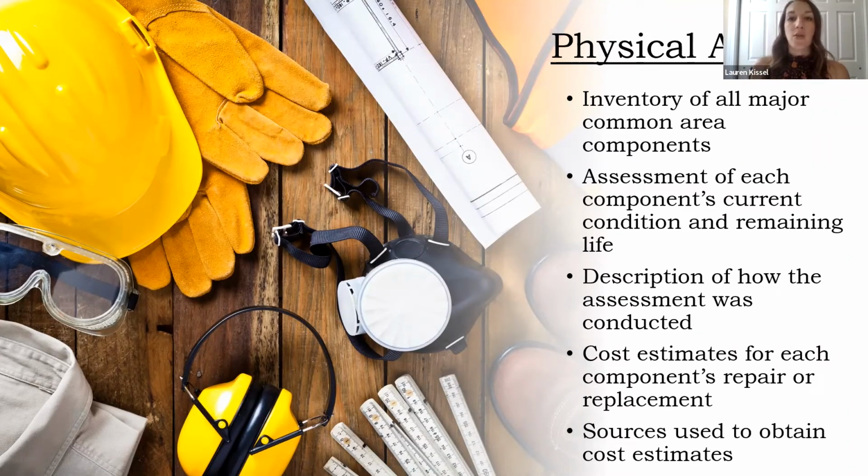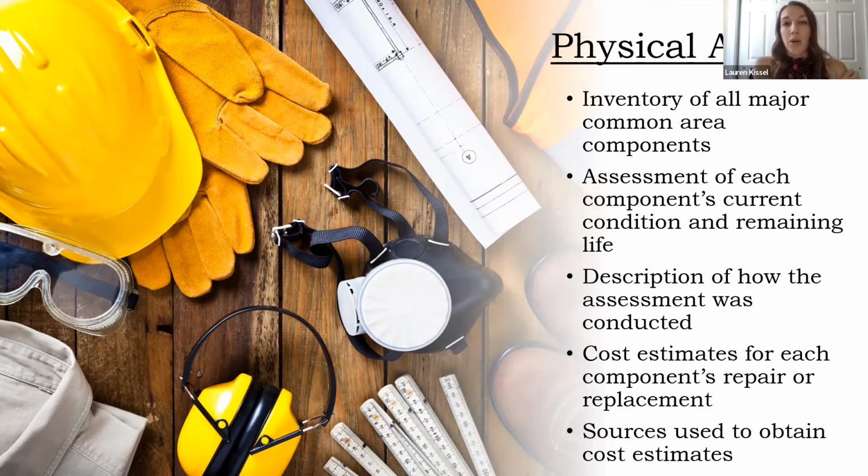As part of their physical analysis, the engineer will provide a description of how the assessment was conducted. They'll also provide cost estimates for each component's repair or replacement. These numbers are guidelines. They're based on standard pricing throughout the industry. They aren't the exact number that you are going to pay. And they'll also include the sources used to obtain those cost estimates.